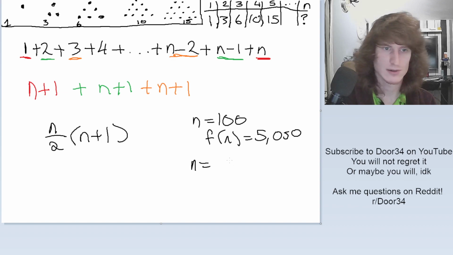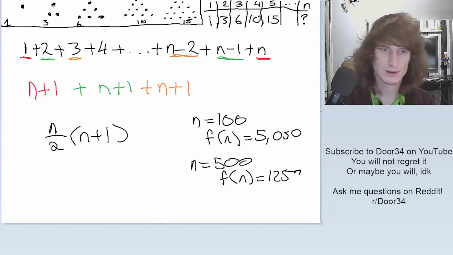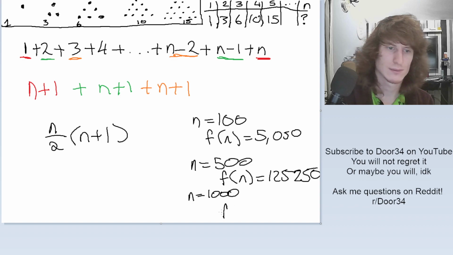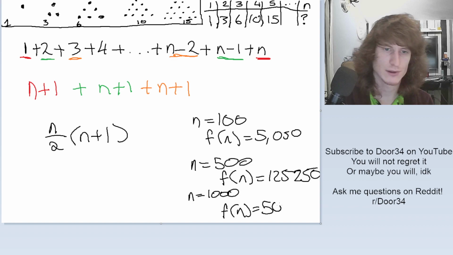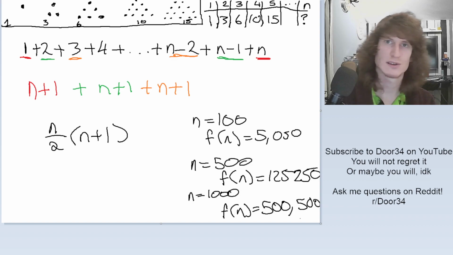If n is equal to 500, you get that the 500th one is 125,250, and for the 1000th one, you get that f of n is equal to 500,500, and that's triangular numbers.